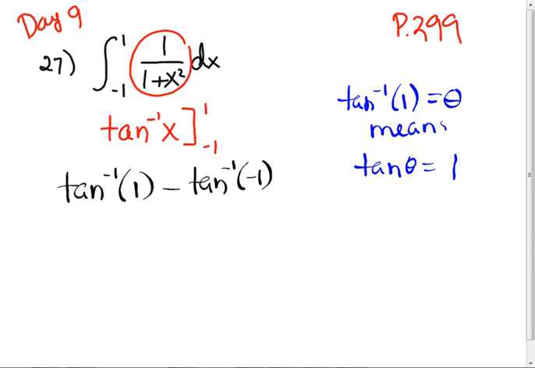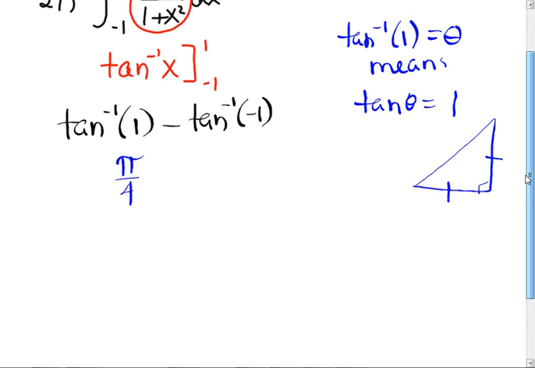Can't be 0. Draw a triangle. To get 1, these have to be the same. So what's theta? 45, pi over 4. Okay? How about the next one?